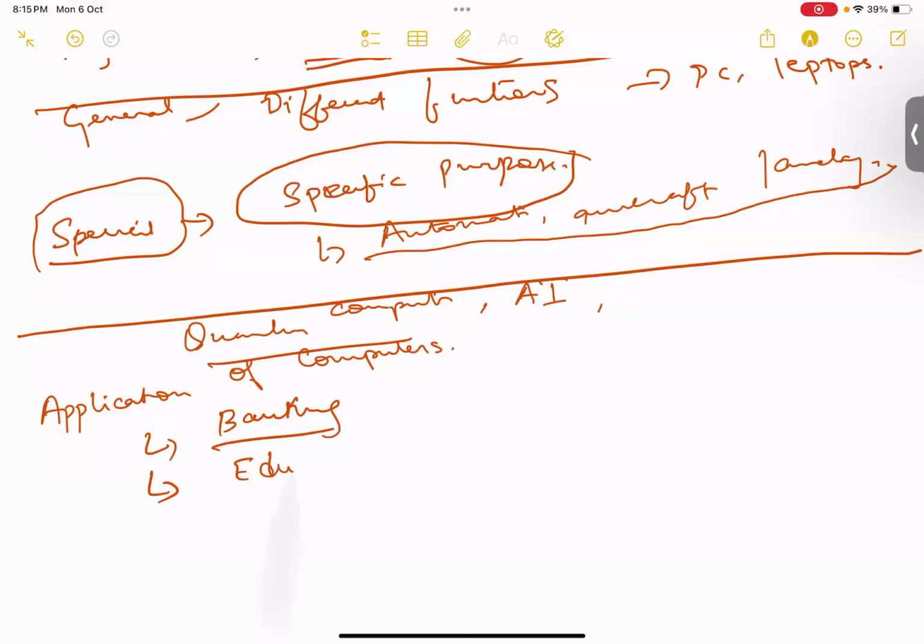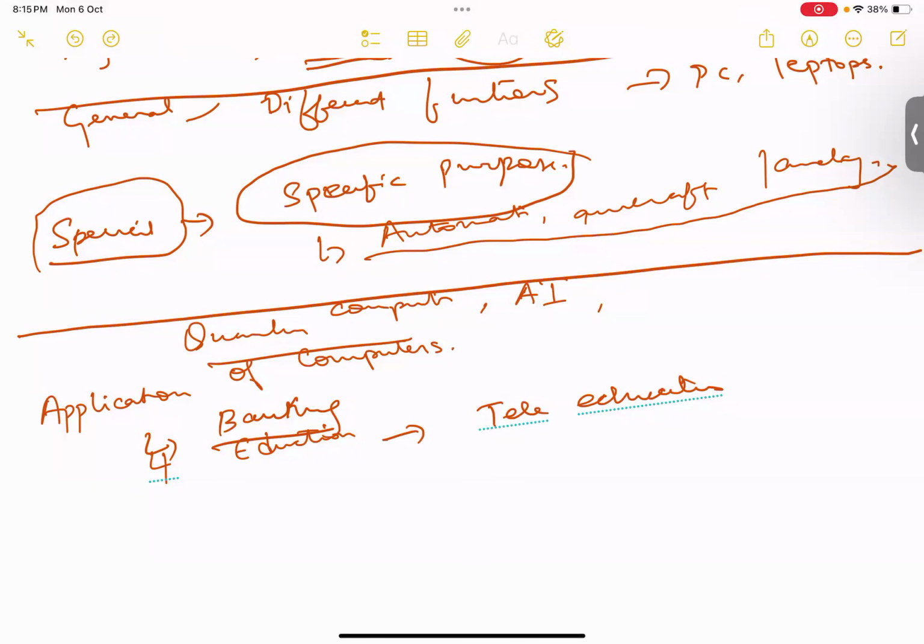Second is education. Now, with the arrival of the computer system, the need for classroom teaching has also been reduced, right? Right now, we are also taking digital classes, right? With the help of these computers, we have access to information.